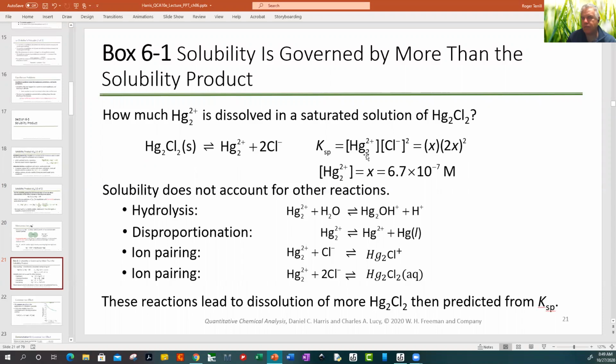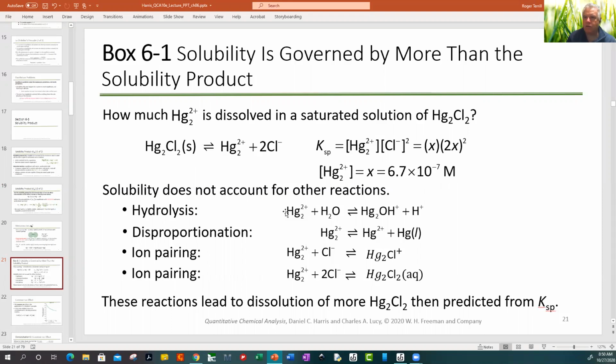By substituting X, the amount of Hg2 2+, and 2X, the amount of chloride, because it makes 2 of them there, right? And then that gets squared, and we know this is equal to Ksp. And we solve that for X, we get 6.7 times 10 to the minus 7, right?